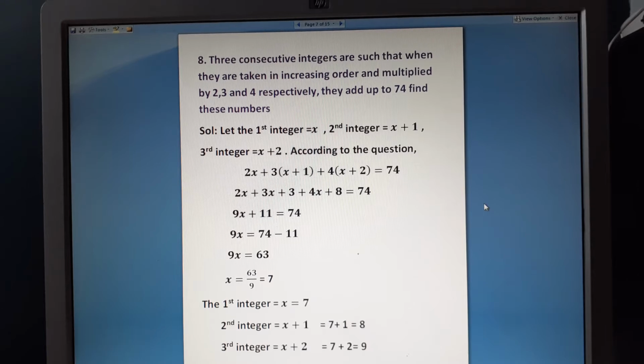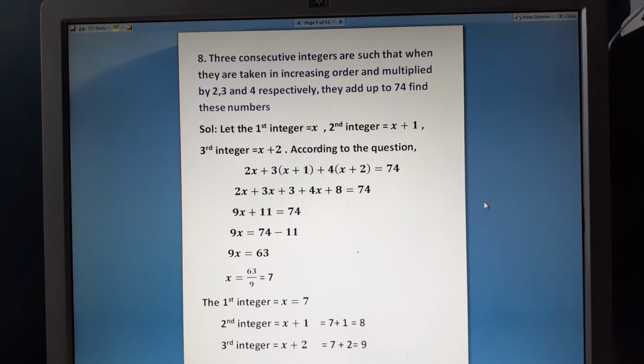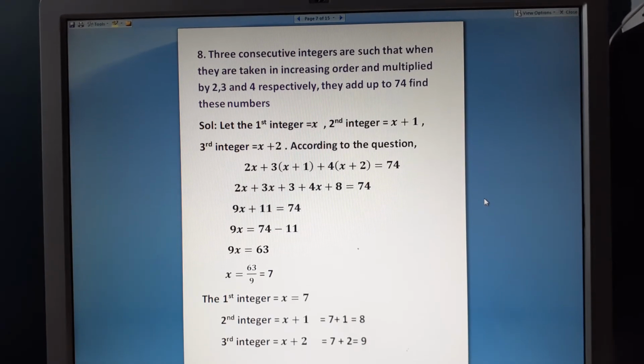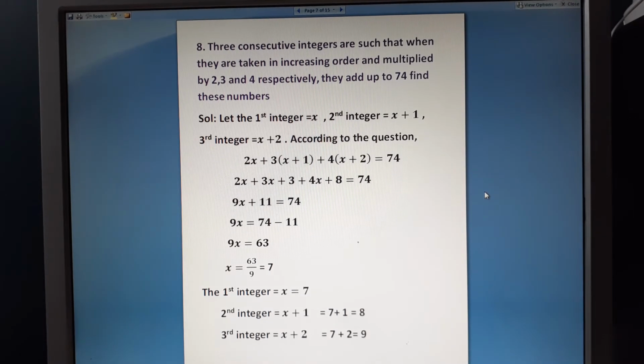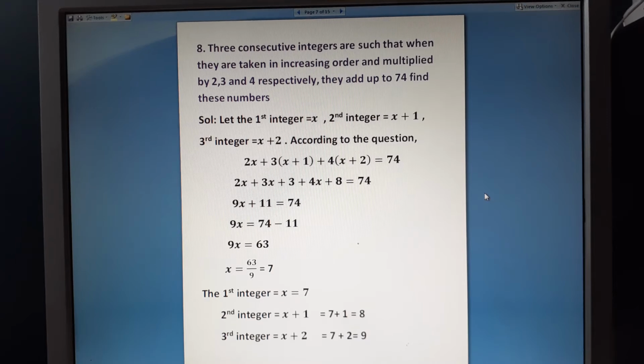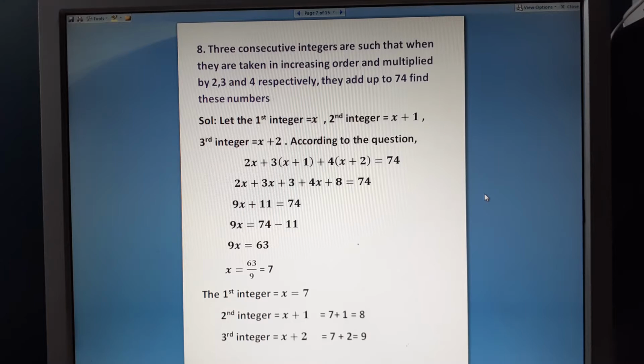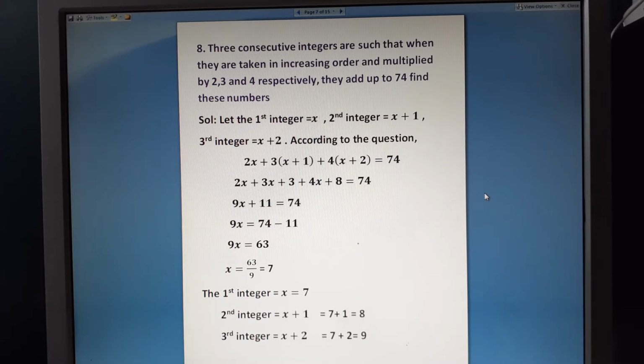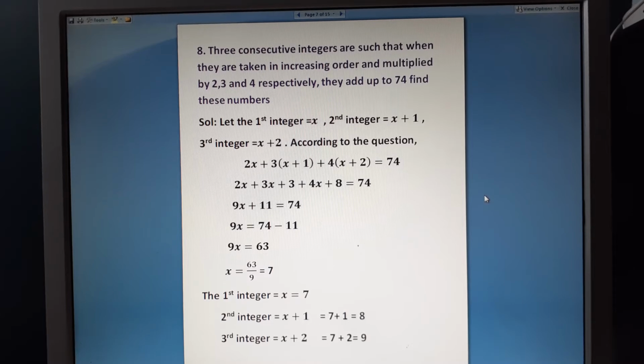Solution. Let the first integer be x, second integer x plus 1 and third integer x plus 2, because in your question the integers are 3 consecutive integers. For that we will take x, x plus 1, x plus 2.